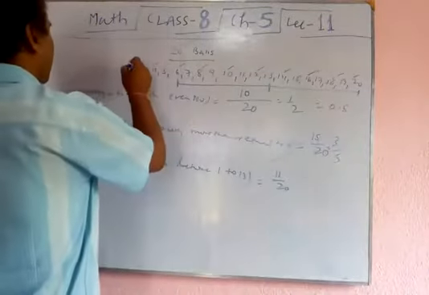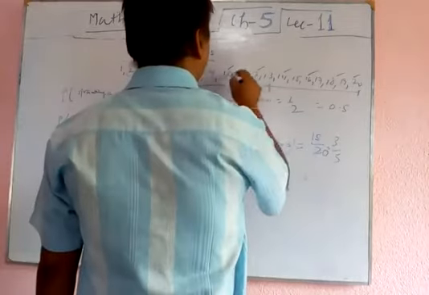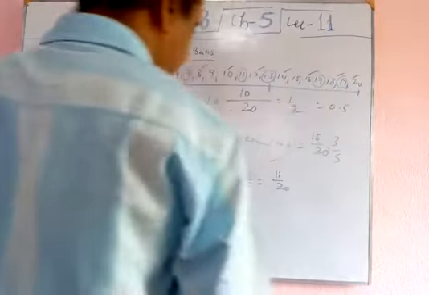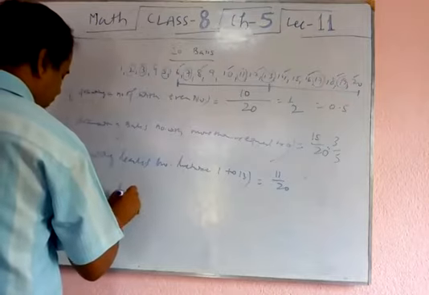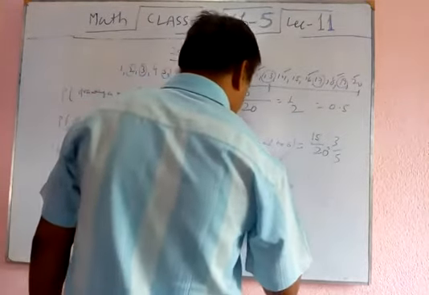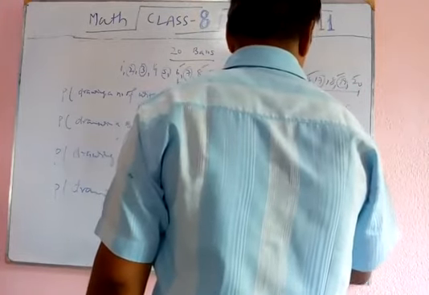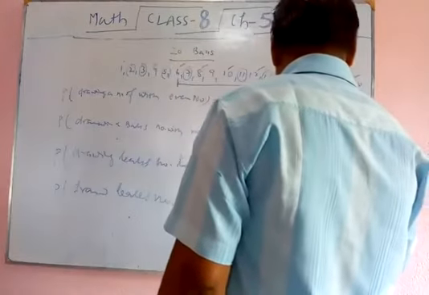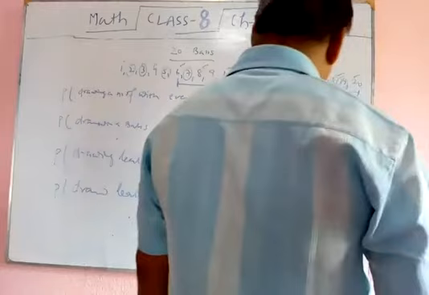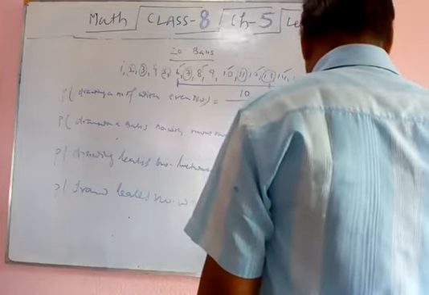So prime numbers are 2, 3, 5, 7. So drawing a ball with prime numbers is equal to 1, 2, 3, 4, 5, 6, 7, 8. 8 by 20, and that is 4 by 10, that is 2 by 5.